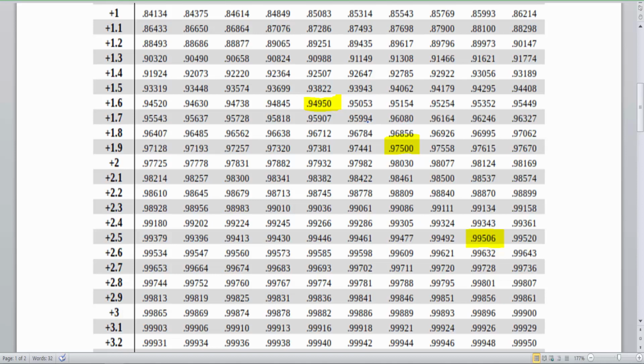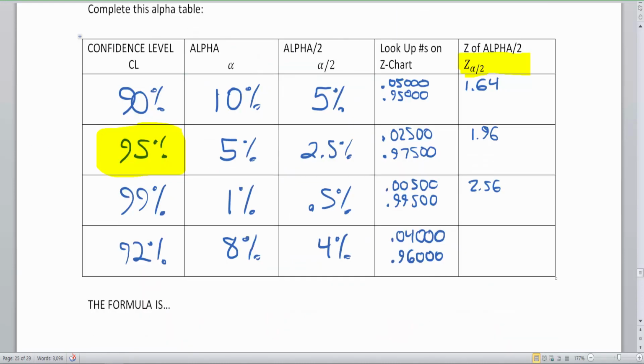Because even though it's under my 0.96000, it's only like 6 away from 0.96000. So this is 1.75. Now don't deface your chart. Don't highlight this on your chart. This is one of those that you're going to want to not mark your chart up, because this one doesn't come up as much.